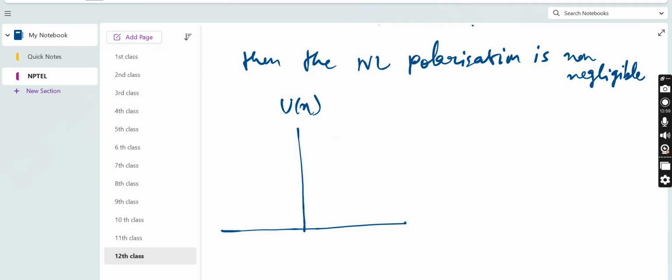It should be symmetric. So this is harmonic.